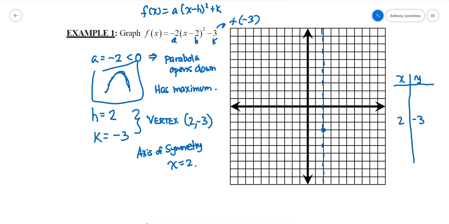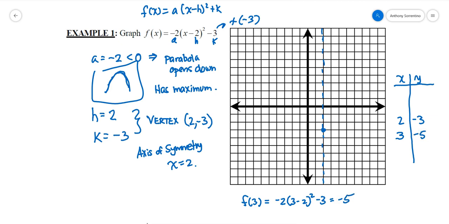So if I say I chose 3 for an x value, if I plug 3 into the function, if I do f of 3, I'm going to get this. Of course, 3 minus 2 is 1, square that is 1, times -2 is -2, -2 minus 3 is -5.